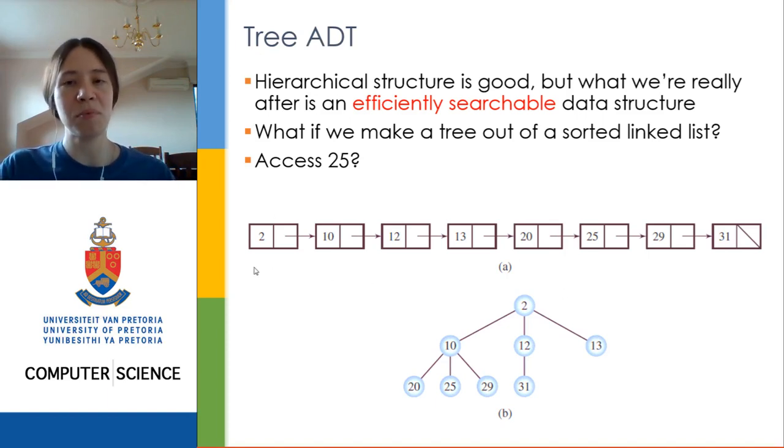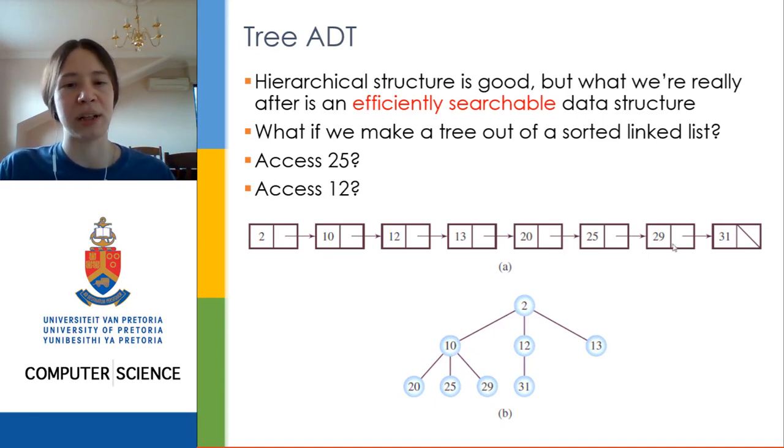In fact, we will never make as many as 5 hops, because the depth of the tree is only 3 levels, so the maximum number of accesses that we're going to make is 3, right? Especially if we know which branch to choose. So to get to 25, we only need to make 2 hops, which obviously is faster than making 5 hops.